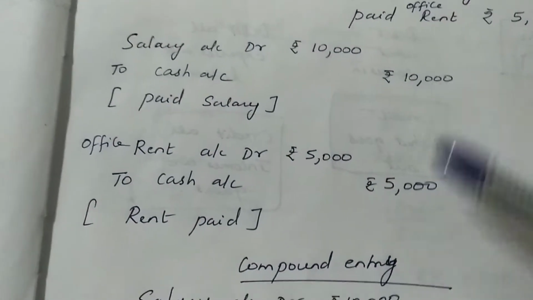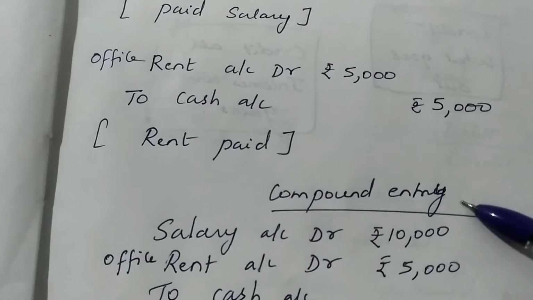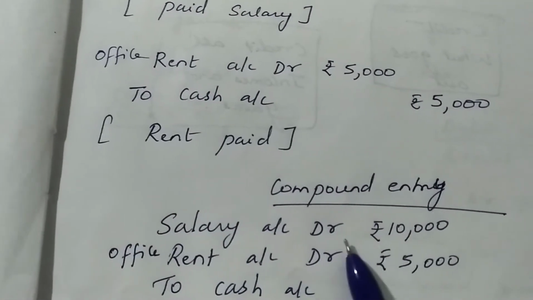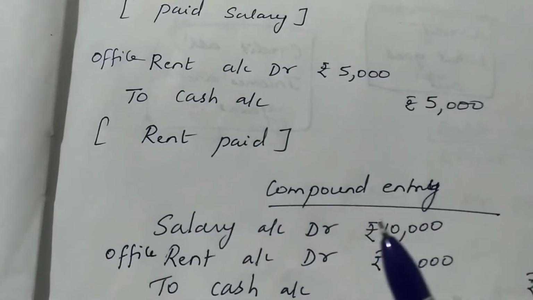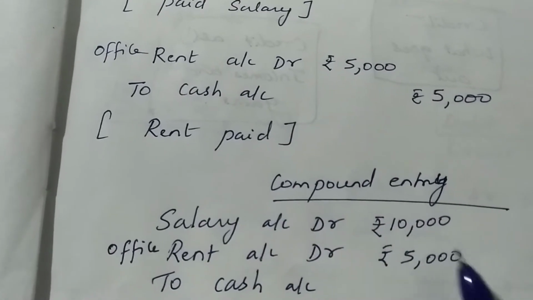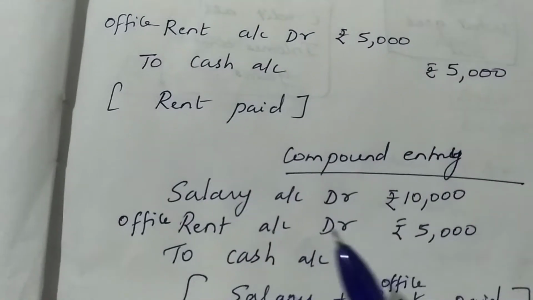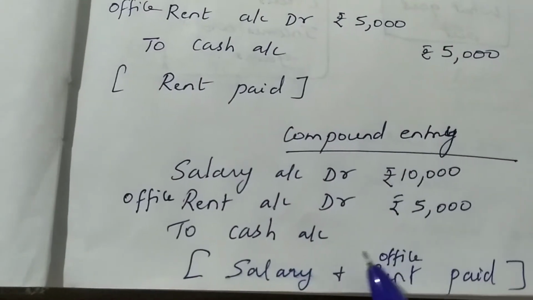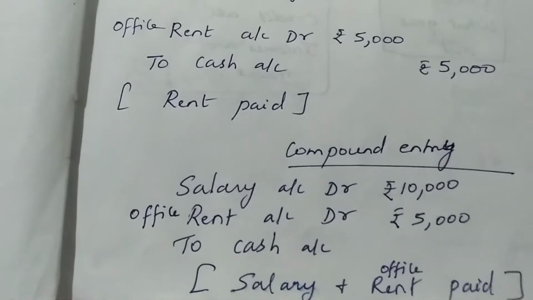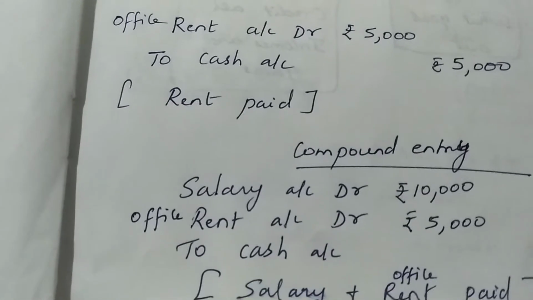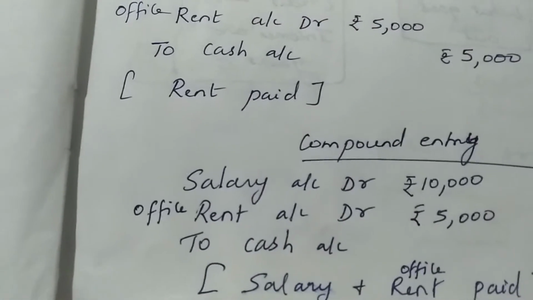If you want to write a compound entry, it is: salary account debit 10,000, office rent account debit 5,000, to cash. Instead of writing cash twice, you club both together. Anyway, when you pay salary or office rent, cash is going out.